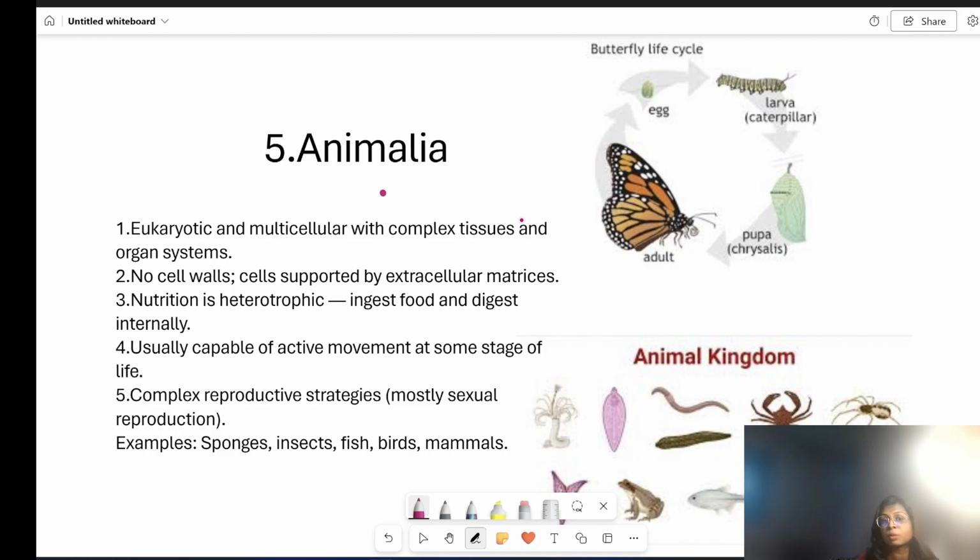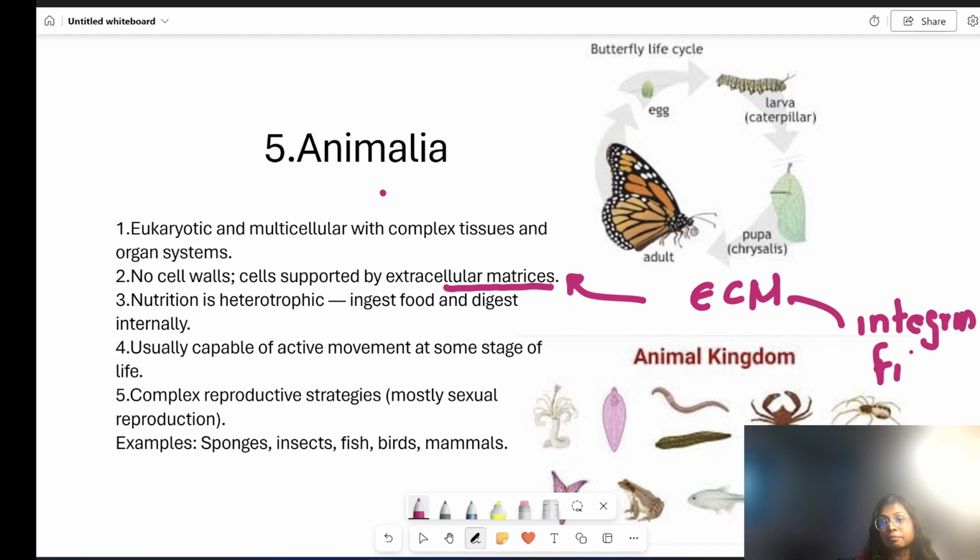Cells are supported by extracellular matrices, normally called ECM. It's made up of integrins, fibrils, GAGs, proteoglycans, and so on. Nutrition mode is usually heterotrophic.